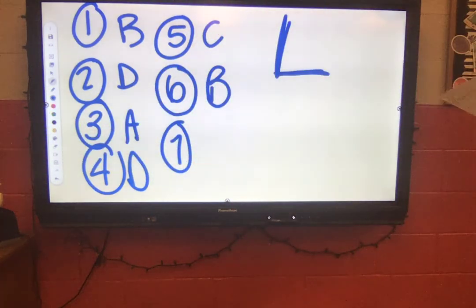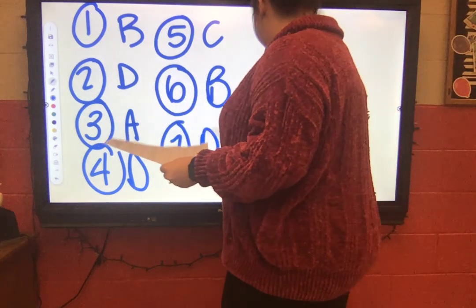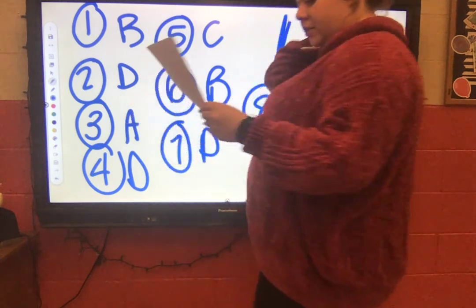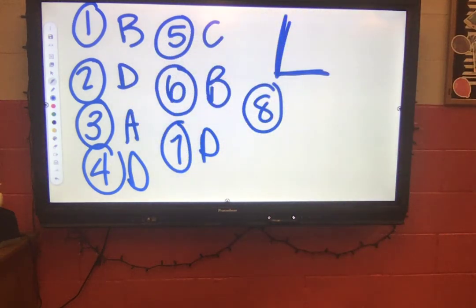Okay, number 7. Acute, obtuse, or right angle? Obtuse. So what answer choices can we get rid of? A, B, and C. So we're only left with D. So our answer is D. 8. Acute, obtuse, or right angle? Obtuse.